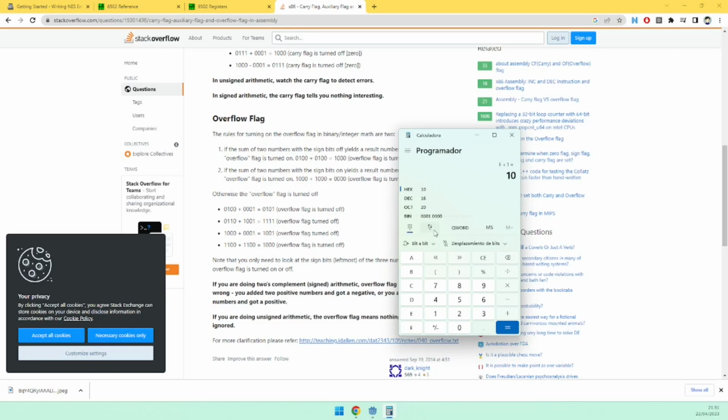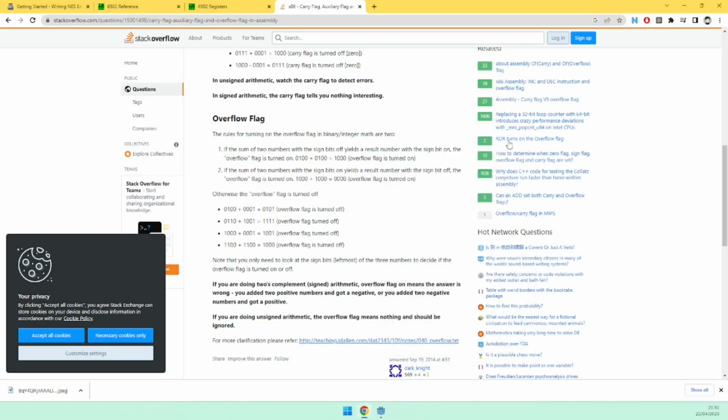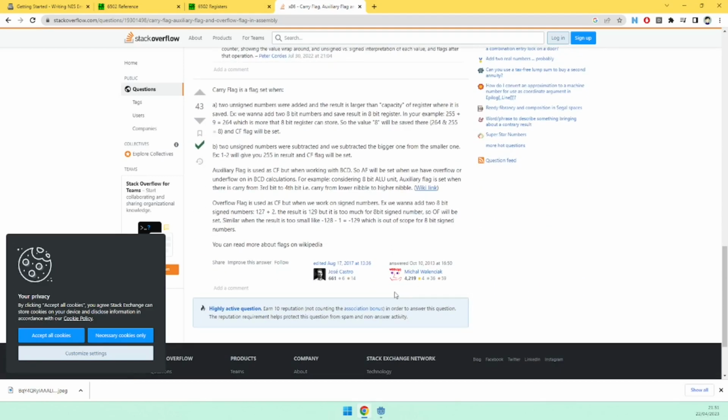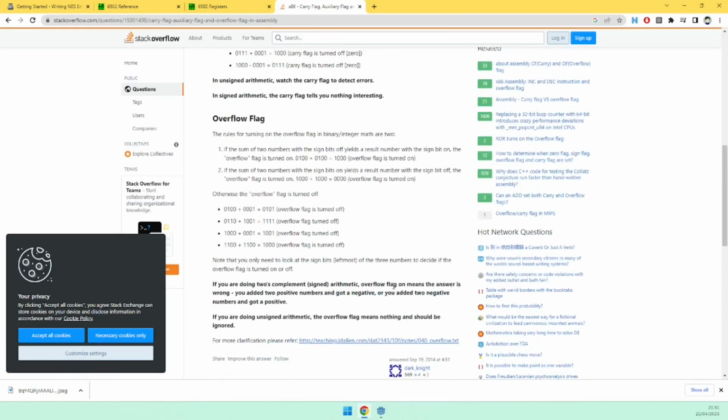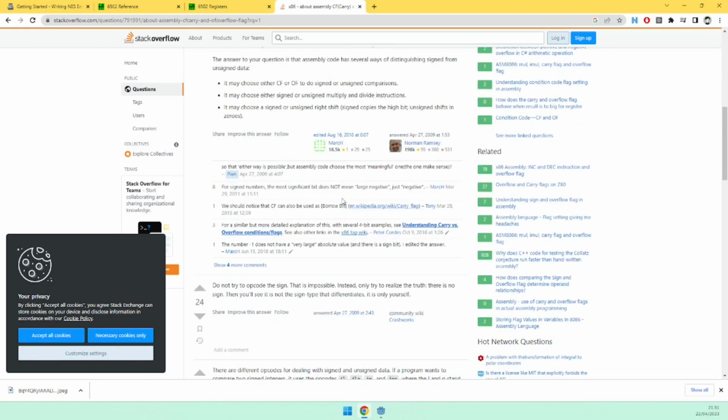I don't see anything about flags. Okay, no, it will not work. So I am not entirely sure of how this works. Let's try another source.